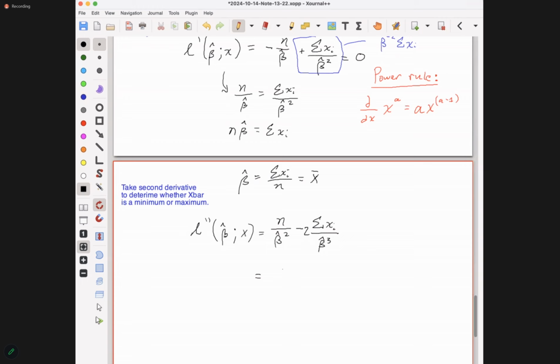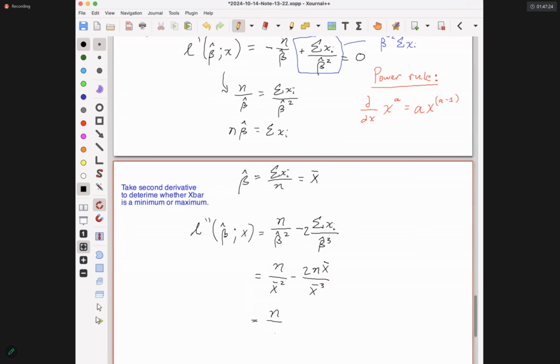So beta hat being x bar, we can call this n over x bar squared minus 2 times the sum of the xi's, which, like we said in the last problem, is equal to n x bar over x bar cubed. Simplify this.